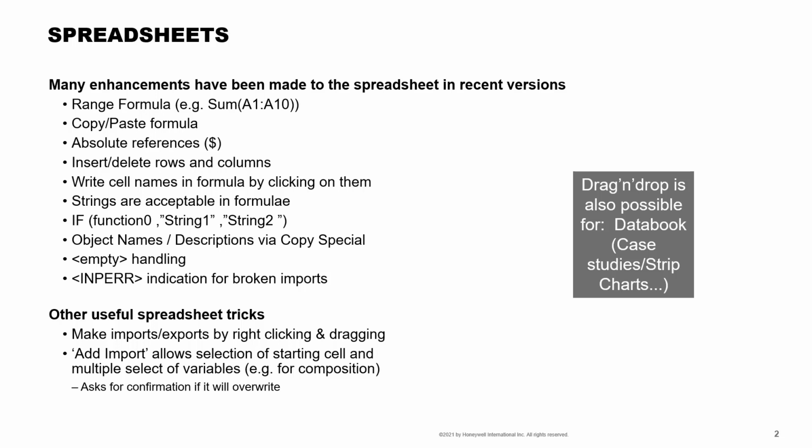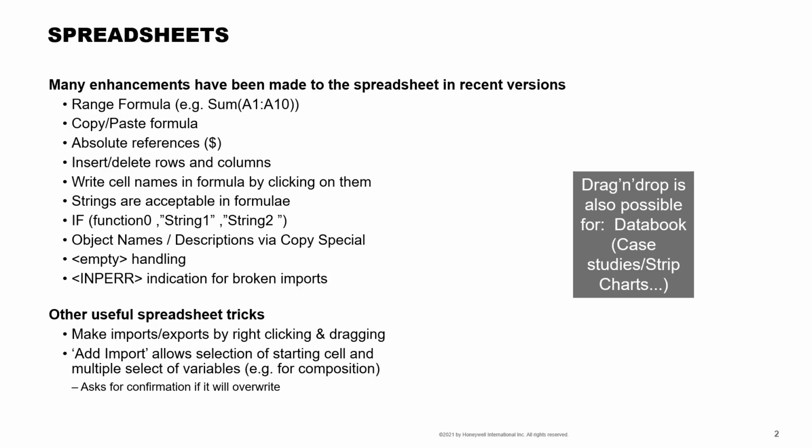Similarly, once you've done a calculation, you can export the calculated value to any place in the simulation. The easiest way of making these imports and exports is by right-clicking, dragging and dropping the values into the simulation, and I'll demonstrate that shortly in my demo case.